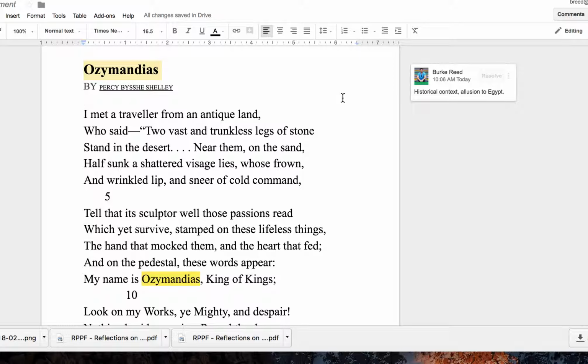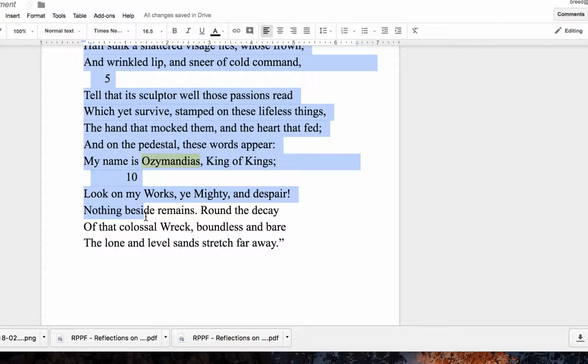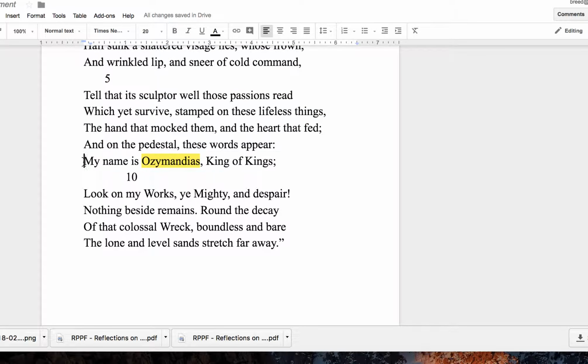But then you will see in the 9th line that there is an odd shift, and this is for 2 reasons. This poem can be broken down into 2 components. Here's the first component right here, and then the second part of this poem is broken down here.